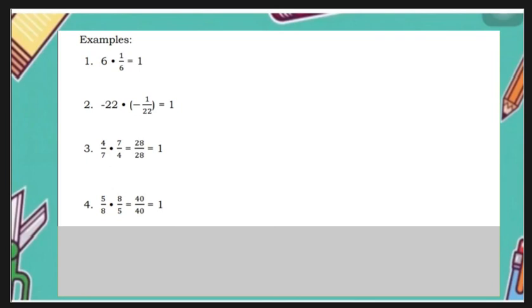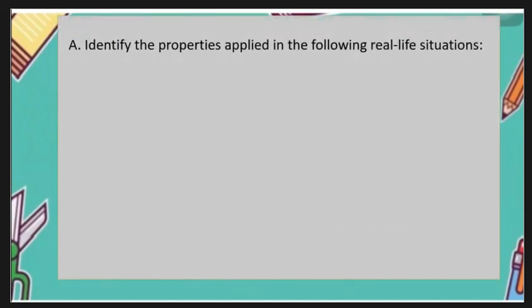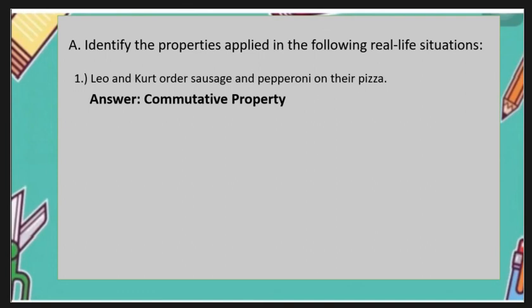Now, we have this one. Here is another activity that lets you apply what you learn about the properties of operations on the set of integers. So, identify the properties applied in the following real-life situations. So, let's try. Okay, number 1. Leo and Kurt order sausage and pepperoni on their pizza.